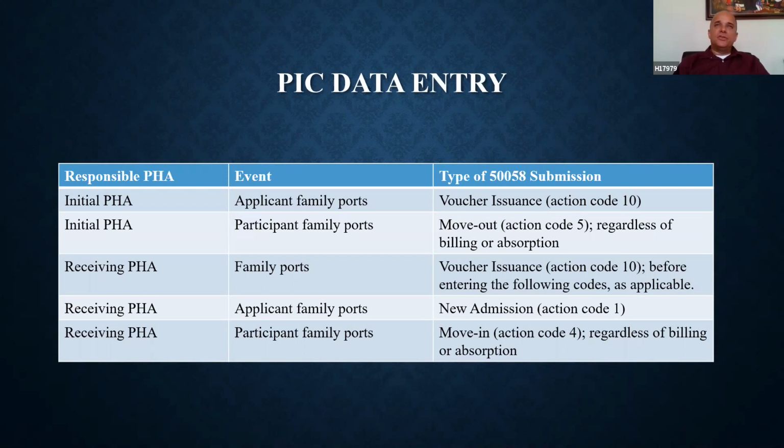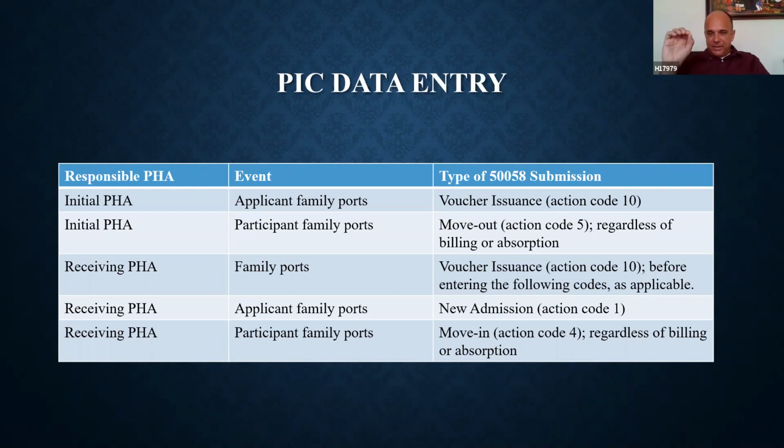If the family was receiving assistance in the initial PHA's jurisdiction prior to porting, the initial PHA is going to have a 5058. And then when that family gets ready to move, again, the initial PHA will submit a voucher issuance or code 10.